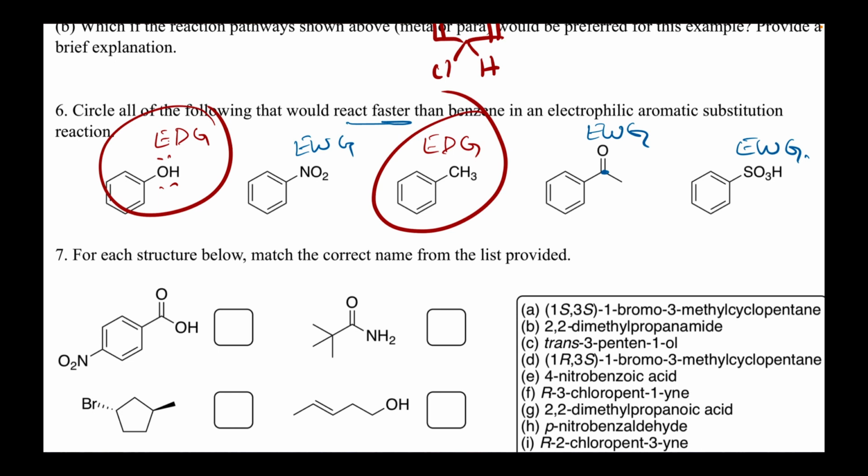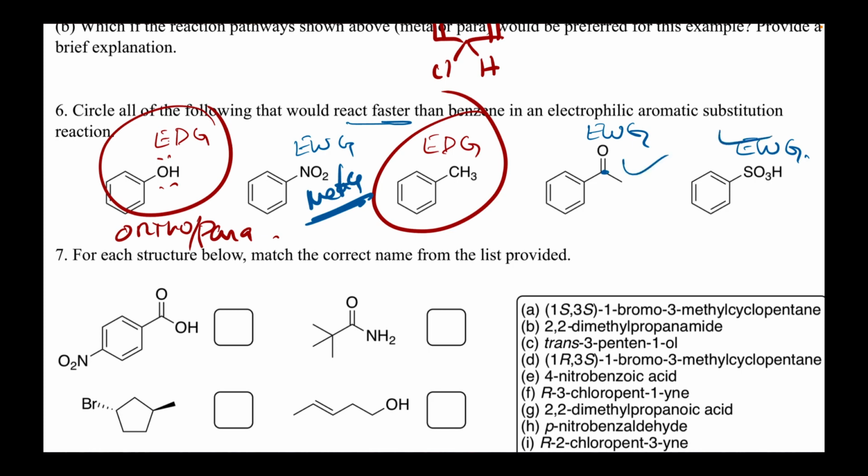So donating groups direct the next incoming group where? You're right, ortho and para, if it's an electron donating group. And if it's an electron withdrawing group, it would direct it to the meta position. So those are meta directors.